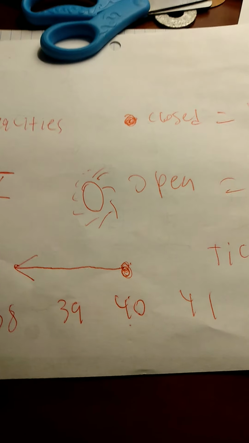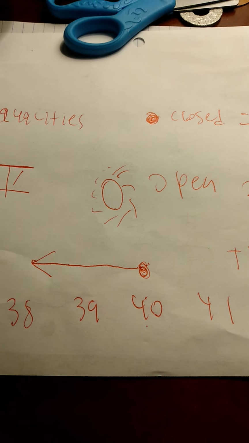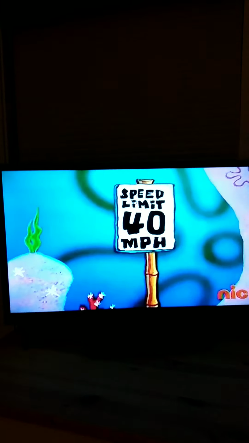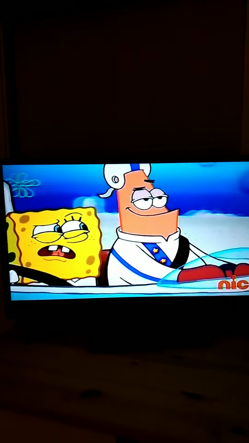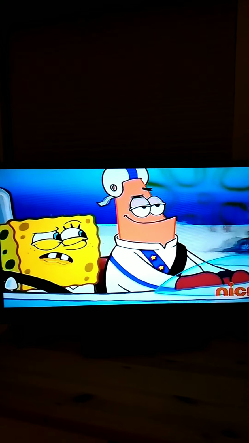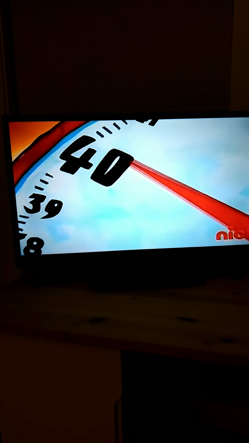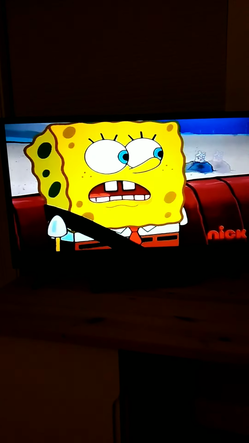Let's see if Patrick violates the speeding sign. Patrick, the speed limit is 40 miles per hour. That's almost 41 miles per hour. He's speeding.